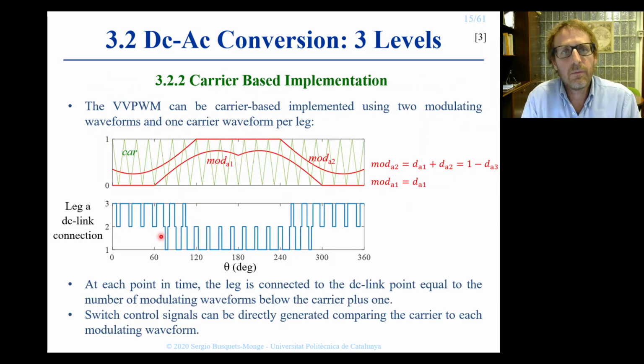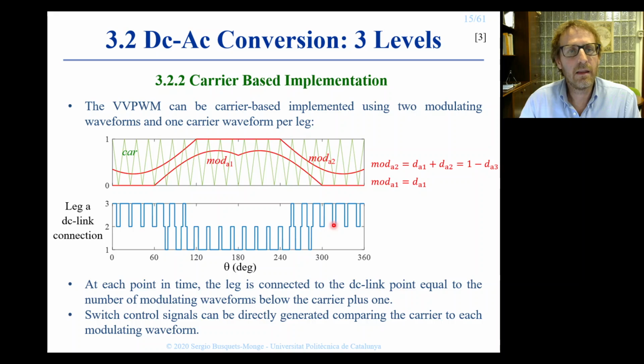We can also implement this modulation strategy carrier-based. We just need to define two modulation waveforms and one carrier per leg. We will consider here in the slide the case of leg A. Modulation A1 is simply dA1, and modulation A2 is simply the addition of dA1 plus dA2, which is the same as 1 minus dA3.